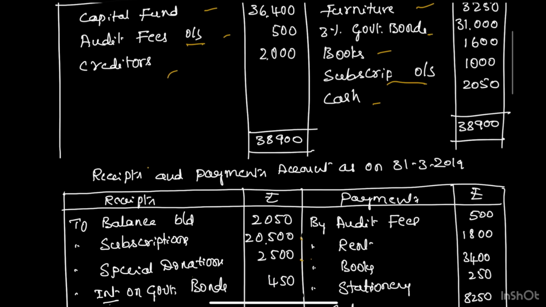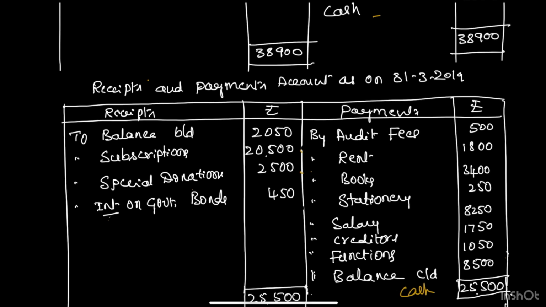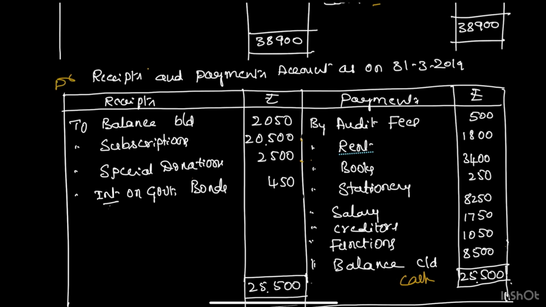And what are the receipts and payments done during the year? They have given all cash receipts, maybe capital receipts or revenue receipts, recorded on the debit side, and all cash payments, maybe revenue or capital, everything recorded on the payment side.